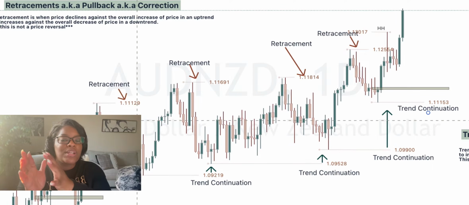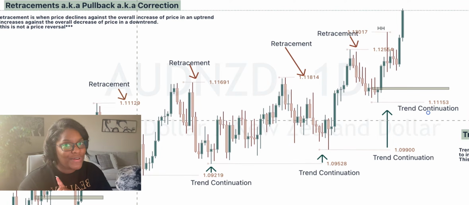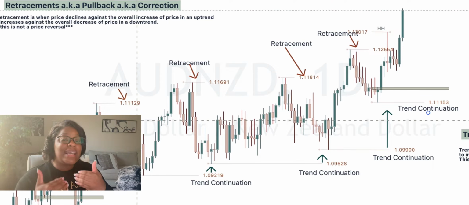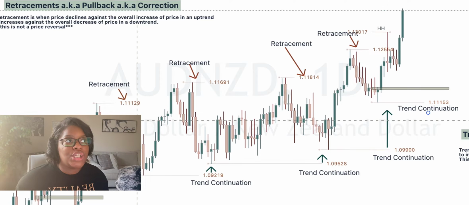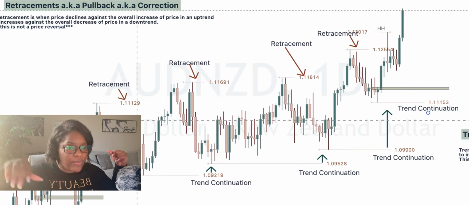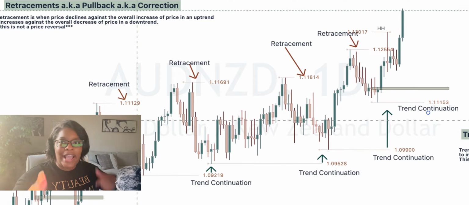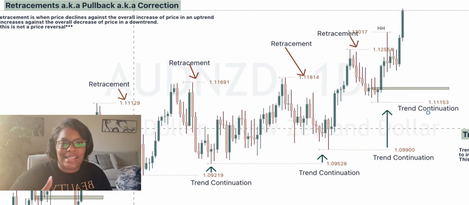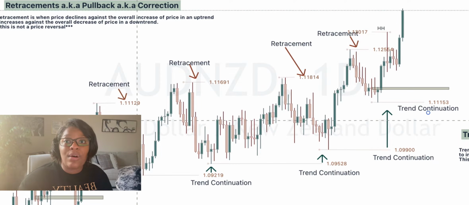So these are retracements, not reversals, but retracements, or a pull back against the natural flow of price. So it's like water. If water moves forward and you backstroke, you're moving against the water, but it doesn't stop the water from moving forward in its natural direction. Okay, it's just you going against it. And so we will call this a counter move.